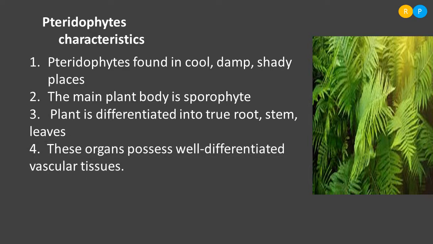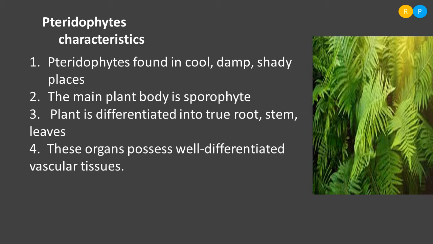And these organs possess well differentiated vascular tissues. Organs in the sense root, stem and leaves. So vascular tissue is present in each and every organ of the plant.